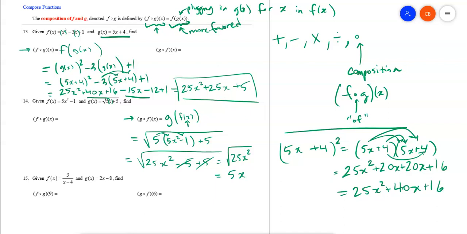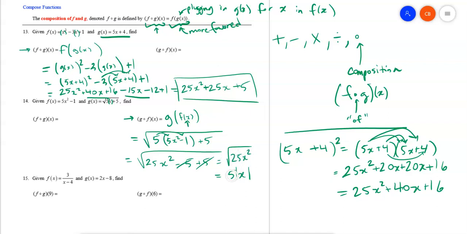So that is what we would want to have, but there's a problem here, because you can imagine in this function, if you plug in a negative value for x, it's actually going to give you something positive, because you're going to square it. So for this to be exactly the same function as what we have before, it would be necessary to put some absolute values on this one, because no matter what you plug in for x, you're going to end up getting a positive value for this.